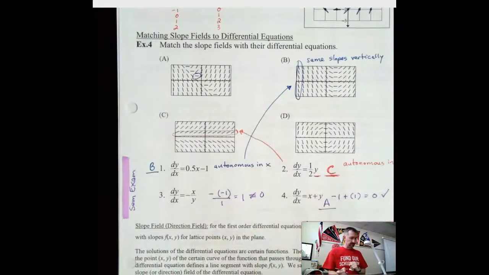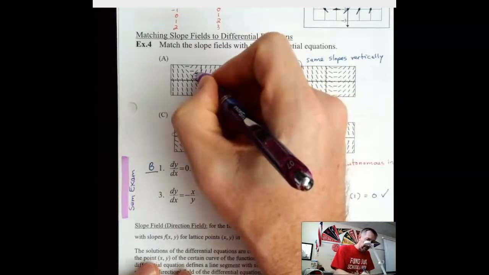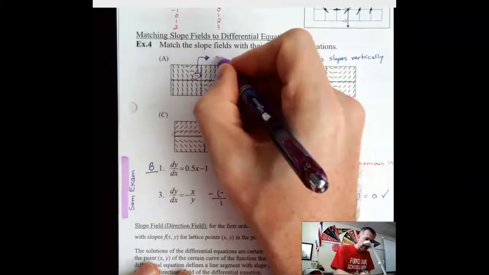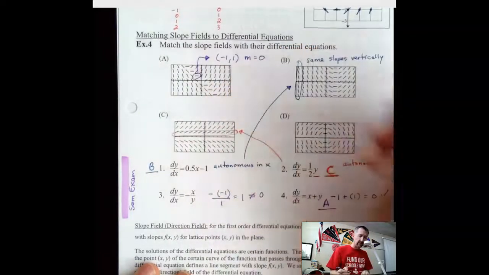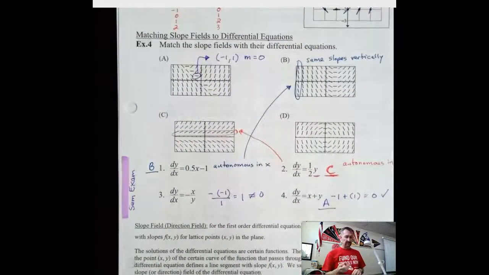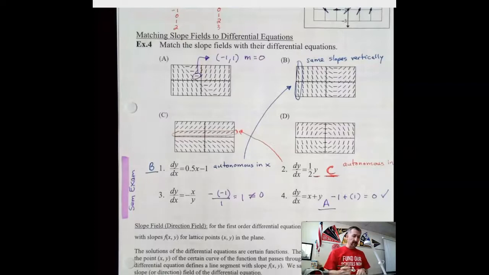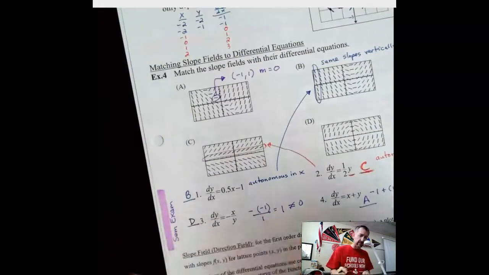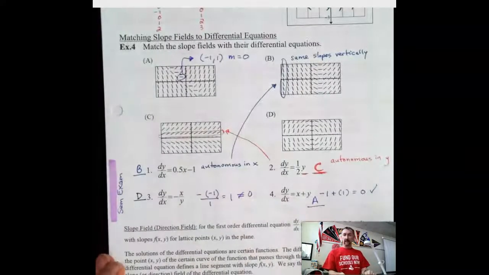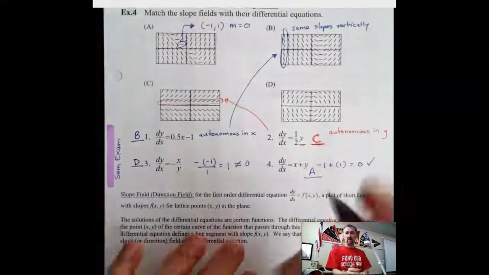Okay. So right here, kind of reiterating that, at -1, 1, the slope needs to equal 0. So I was able to do that. Now, obviously, because there's only one left, you could just say, well, that's got to be D. However, that's not a good strategy because we may have made a mistake on something, and then now we'll get more wrong.